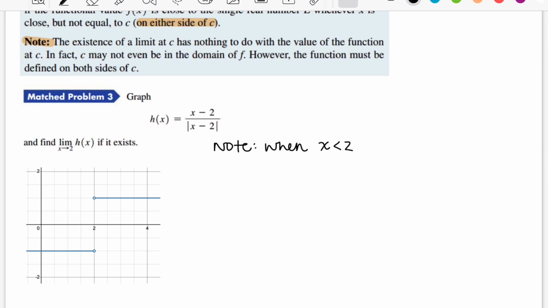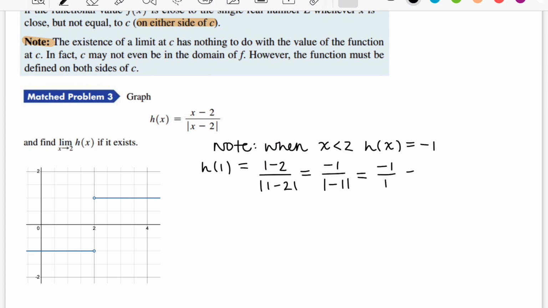So when x is less than 2, our function h of x is going to be equal to -1. So for example, if we were to look at h of 1, we get 1 minus 2 over the absolute value of 1 minus 2. This is -1 divided by the absolute value of -1, which becomes -1 over 1, and we get -1.